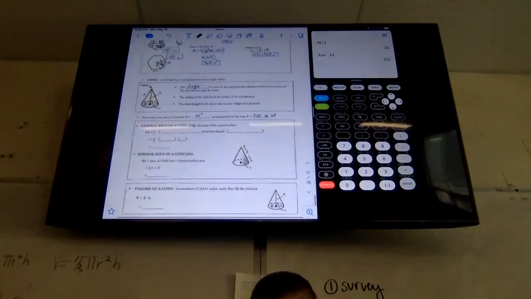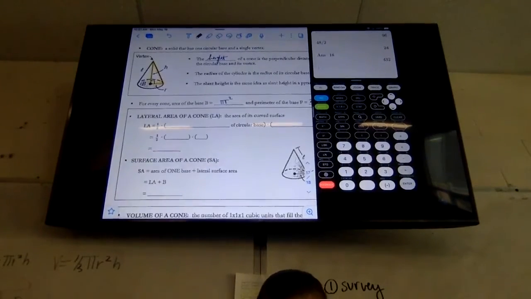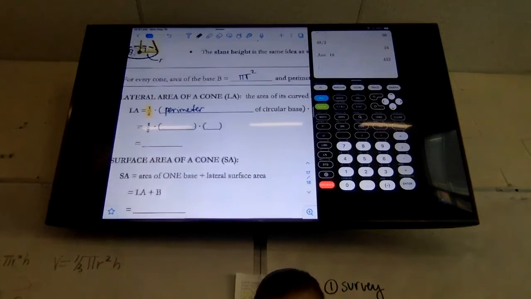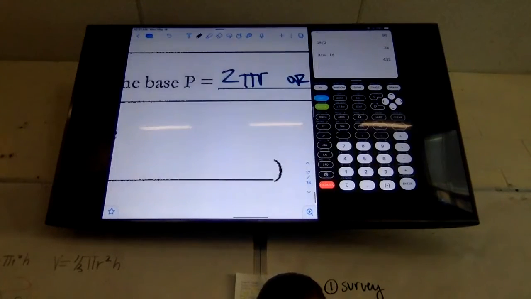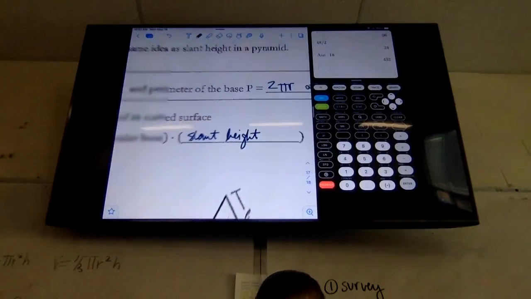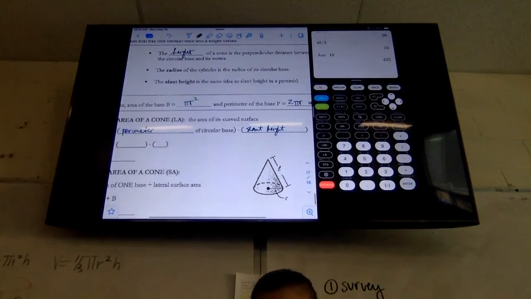Okay. Lateral area of a cone is just like the last one. It's going to be 1/2 the perimeter of the base times the slant height. I like remembering it's just 1/2 P times L since that's the formula it was above. But I know some people like to think about it in terms of pi's and r's, so I will break it down.